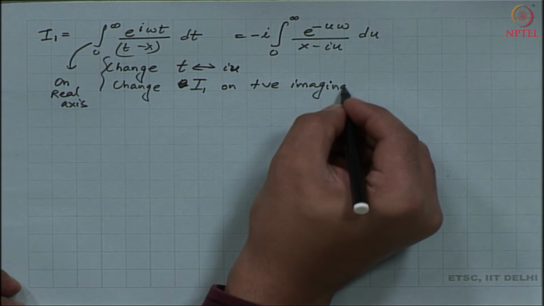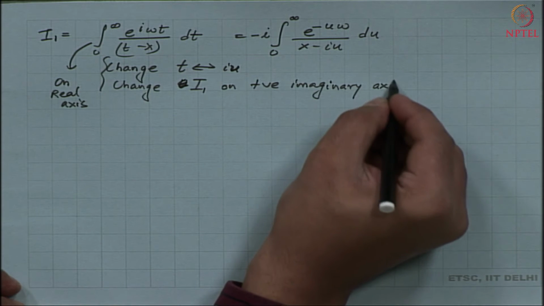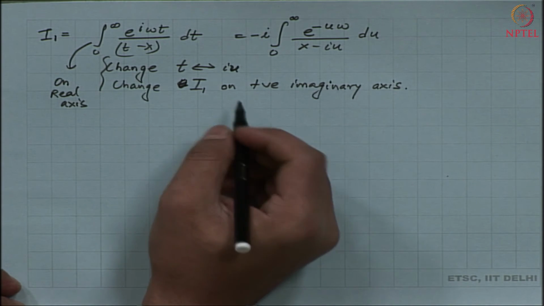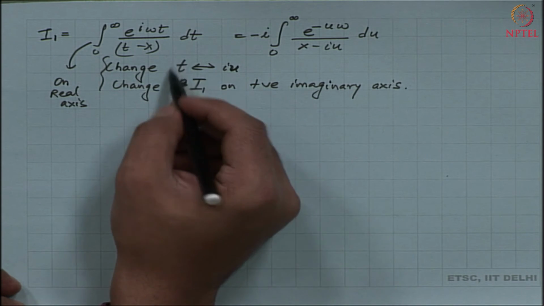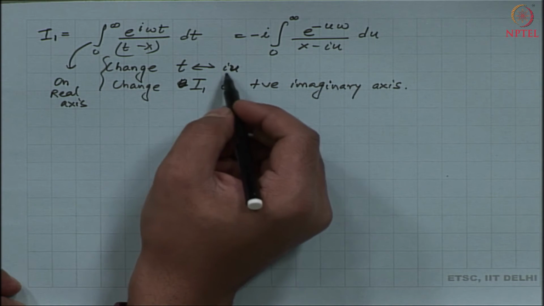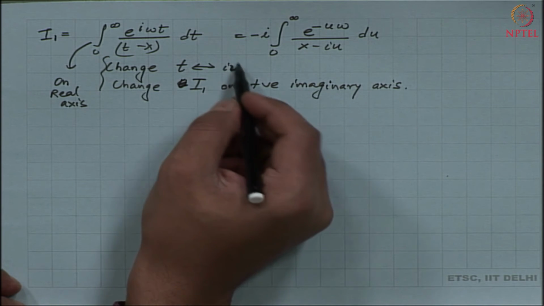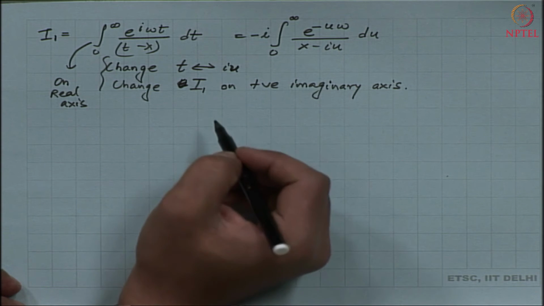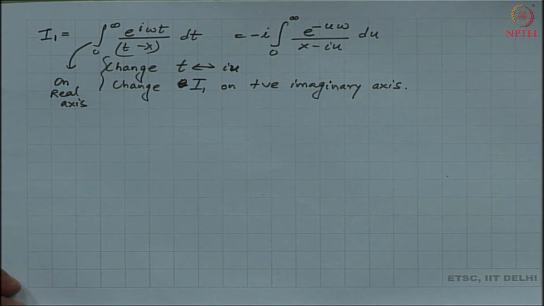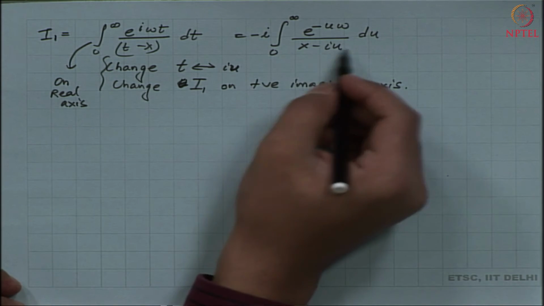Okay. It was assumed that my original variable t was a real variable, and then I have changed it to another variable which is purely on the positive imaginary axis. Okay. So I have done this transformation.